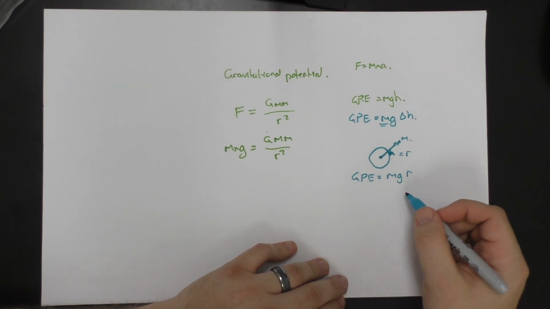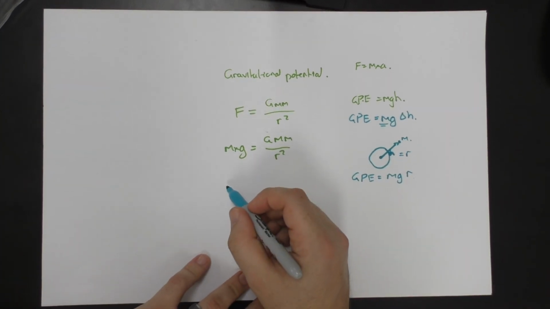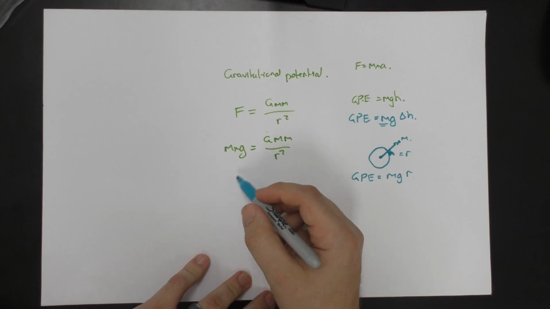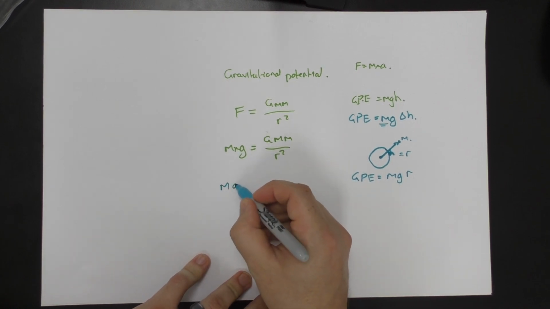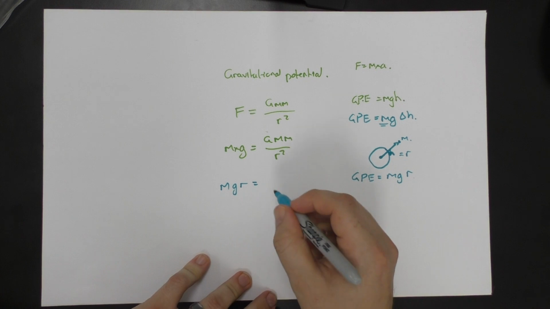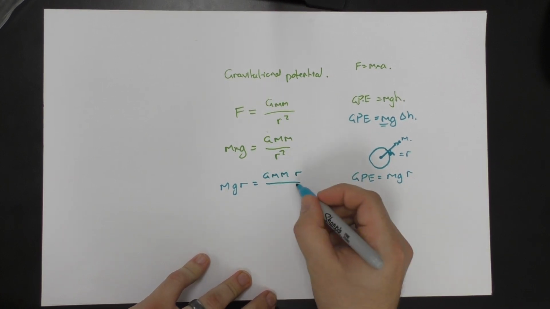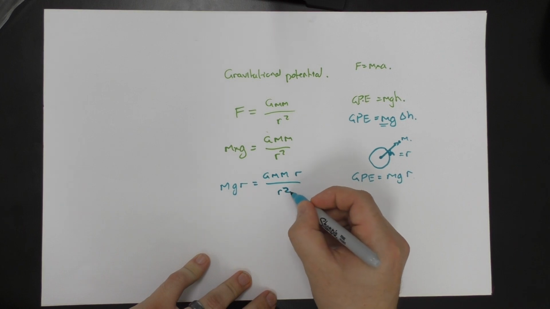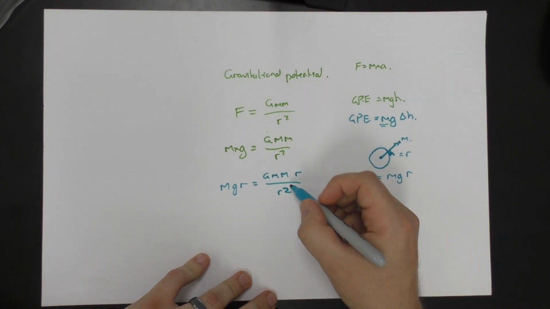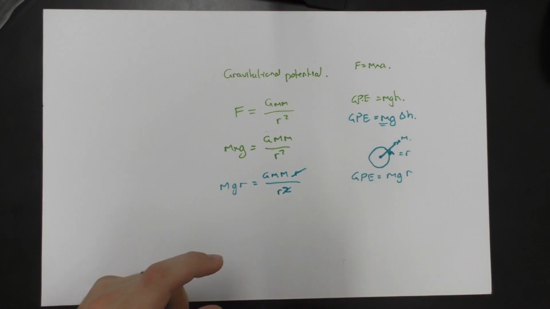And quite nicely with that, we can then sub that in over here. If we times both sides by r, we get mgr is equal to GMmr over r squared, which hopefully you'll quite nicely see here that we can get rid of these r's to leave us just one r left over.